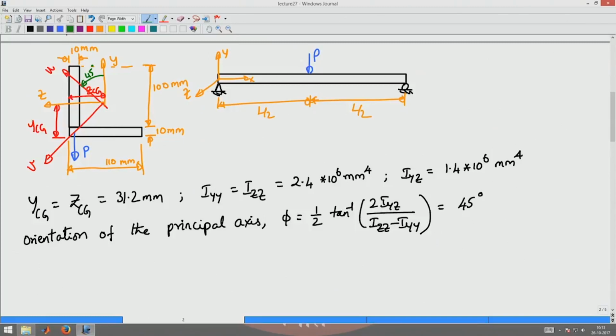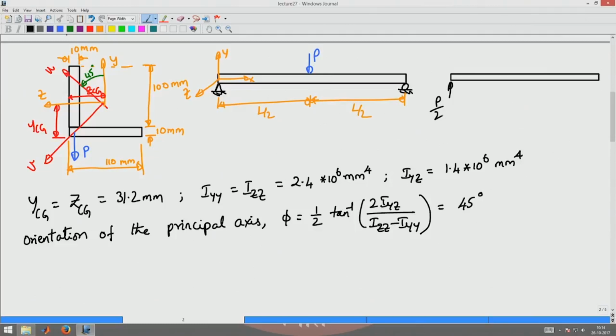Now, for this loading and this orientation of the coordinate system, the moment that is produced is an mz moment, and you can find the support reactions. For the simply supported beam, the support reactions are going to be P by 2.